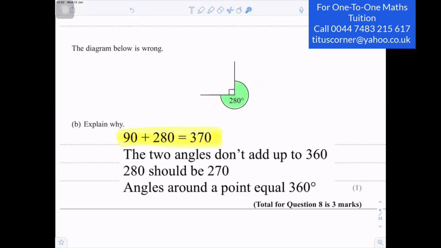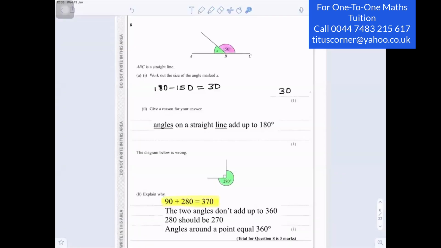So instead of 280, it should be 270, not 280, because angles around a point equal 360 degrees. So that's the complete answer for question 8: 30 degrees, angles on a straight line add up to 180 degrees. And the two angles don't add up to 360 degrees. Angles around a point equal 360 degrees.